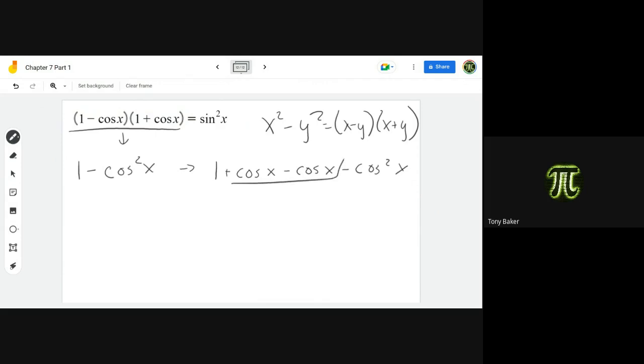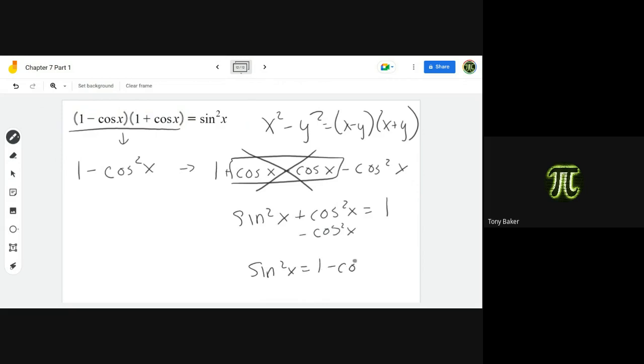Those two terms in the middle cancel each other out. That's my algebra step. And then I have my Pythagorean identity, which is this. If I move the cosine squared x over, I have sine squared x equals 1 minus cosine squared x. So that goes to just sine squared x.